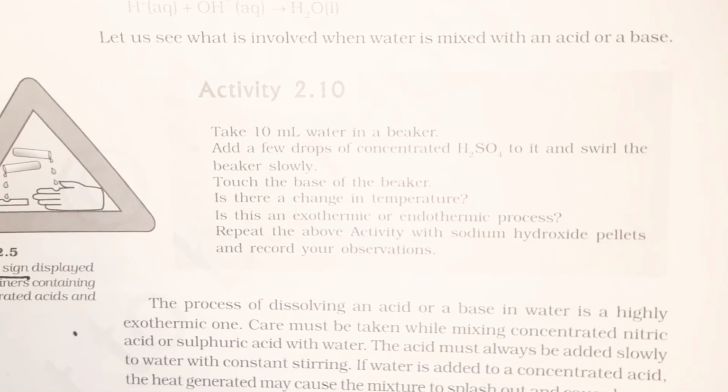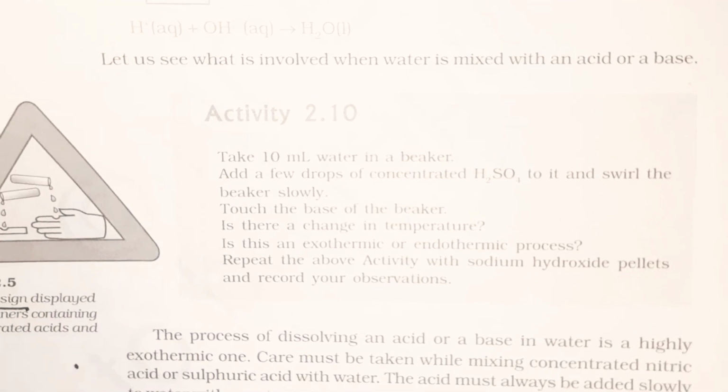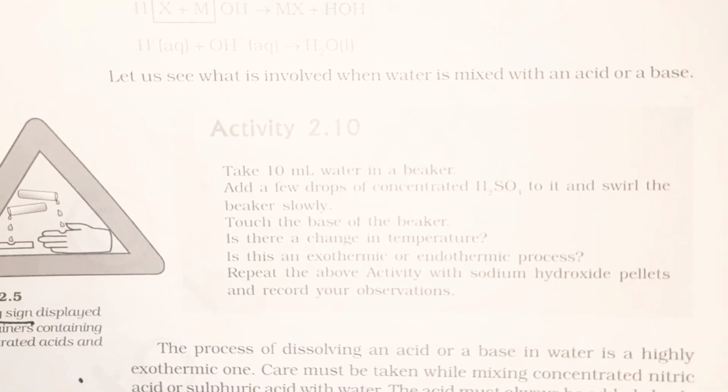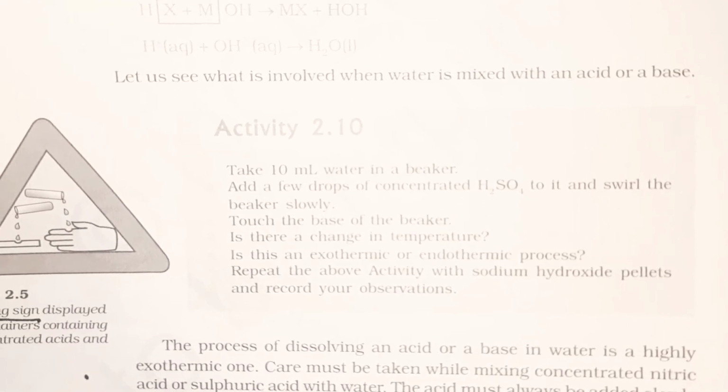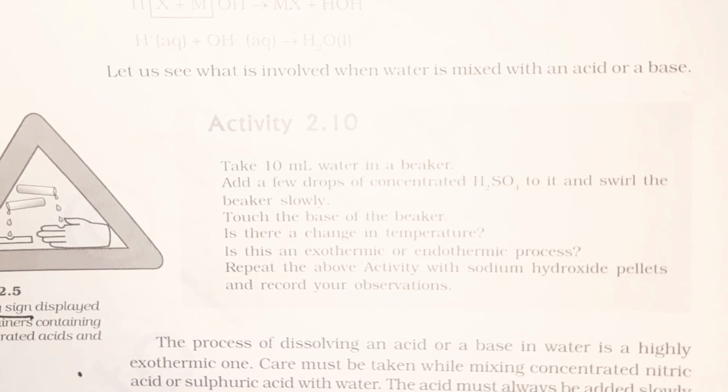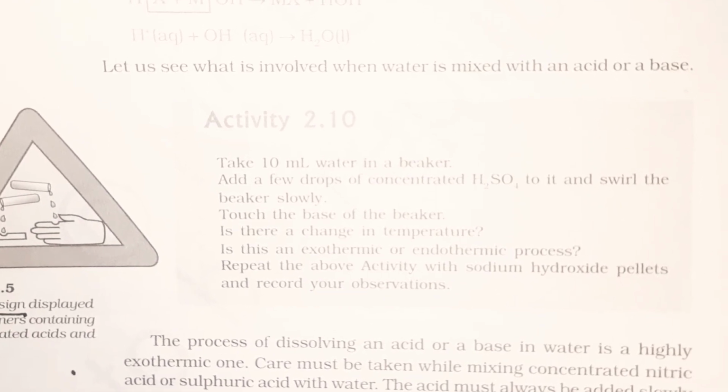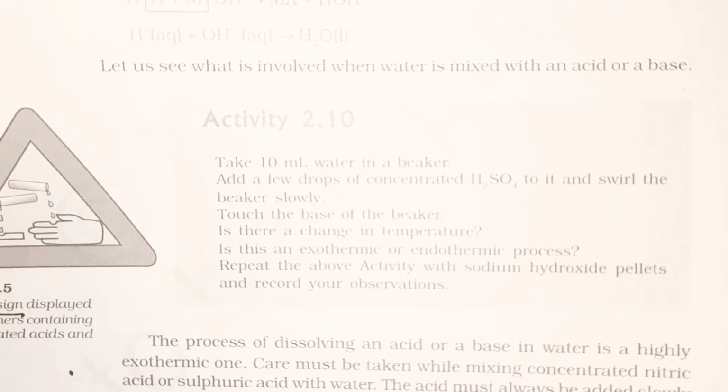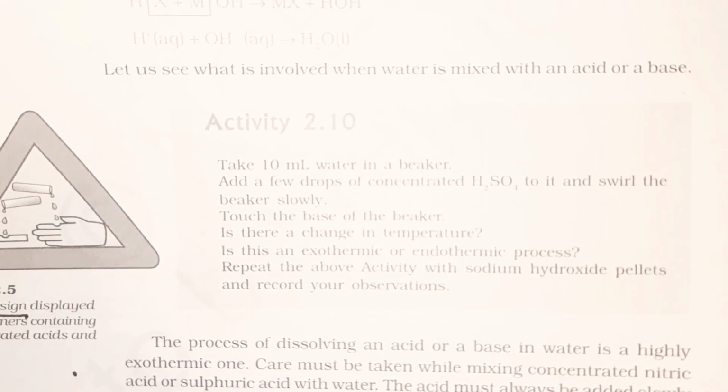Activity 2.10 is all about diluting concentrated sulfuric acid. In a previous video also I have shown you how to dilute concentrated sulfuric acid. Whenever concentrated sulfuric acid is to be diluted, we do not put water into acid. Rather, acid is poured by the sides of the test tube into water, right?